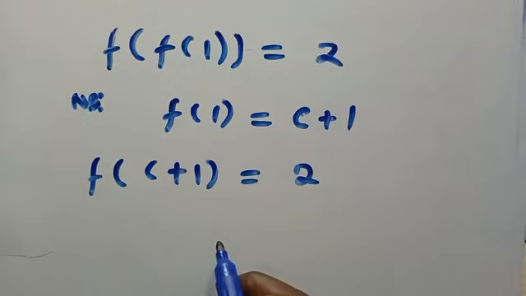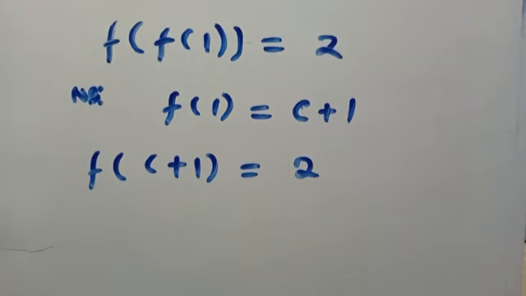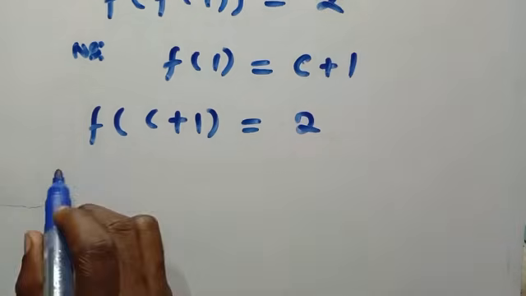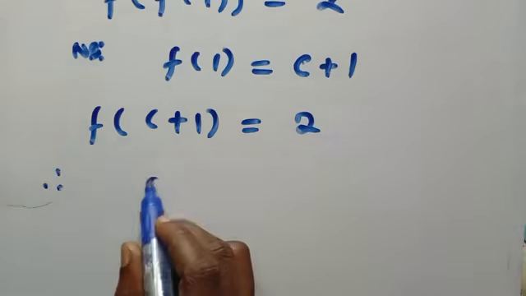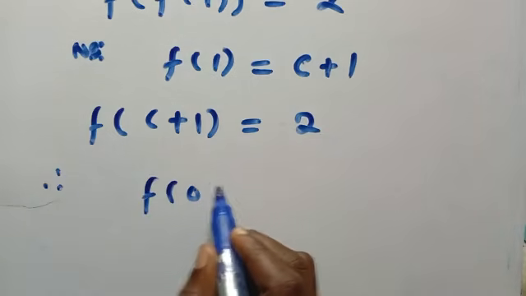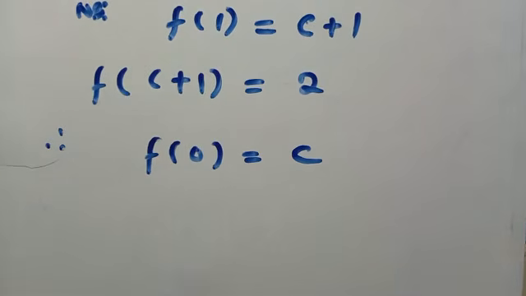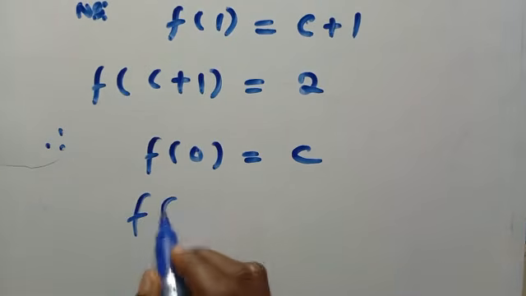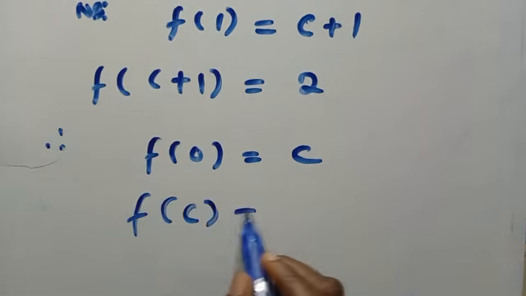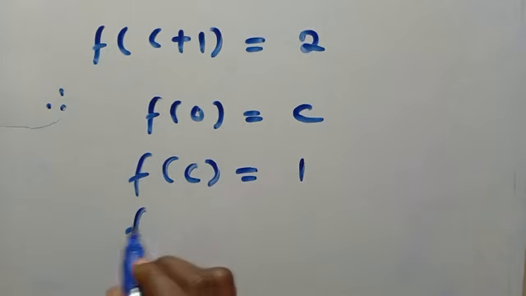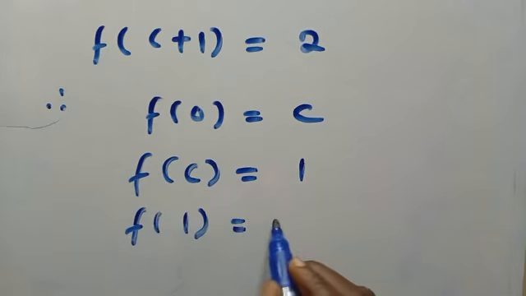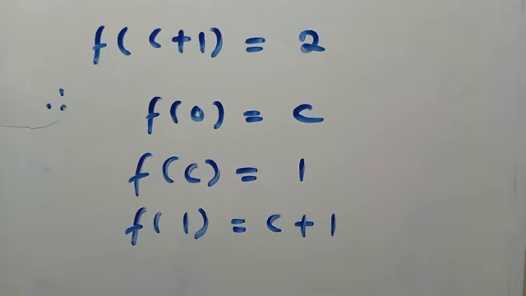So we have a chain. If we keep looking at what we have here, we can observe that for f of 0, we let it equal c. And f of c equals 1. Again, f of 1 equals c plus 1.